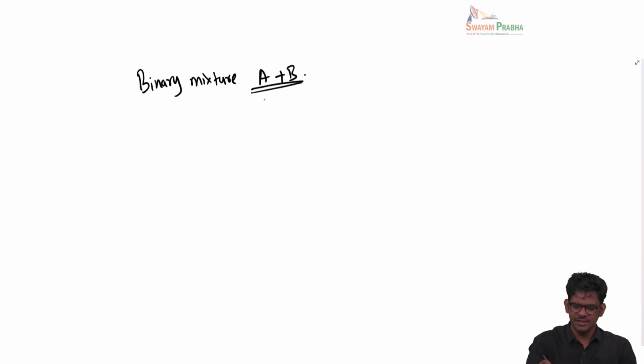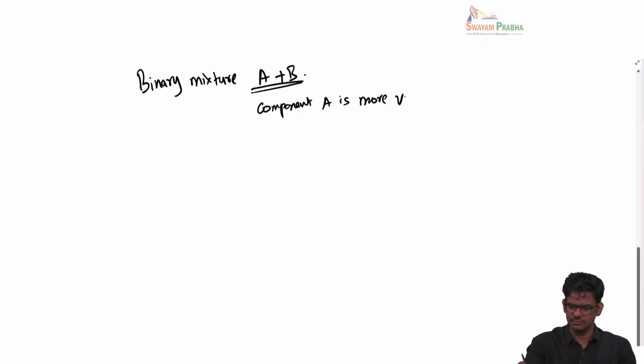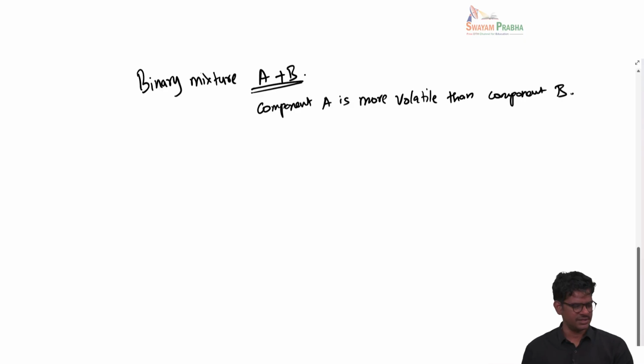So we will say that component A is more volatile than component B. We will assume this so that the subsequent discussion can be followed.